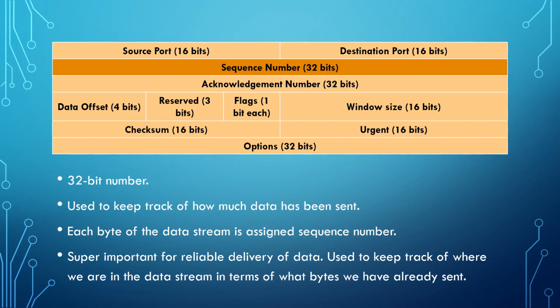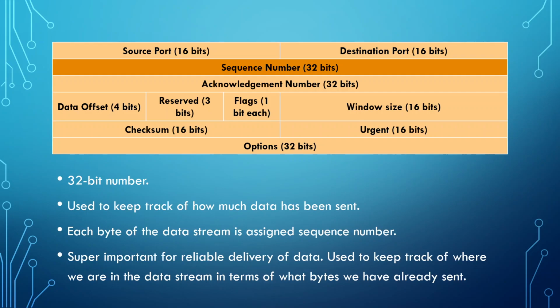Then it's the job of the TCP protocol to package these individual bytes of data into a segment. So think of a segment as containing multiple bytes of data, and then sending those multiple bytes of data over to the receiving host. Now, each byte of data in the data stream is assigned a sequence number.